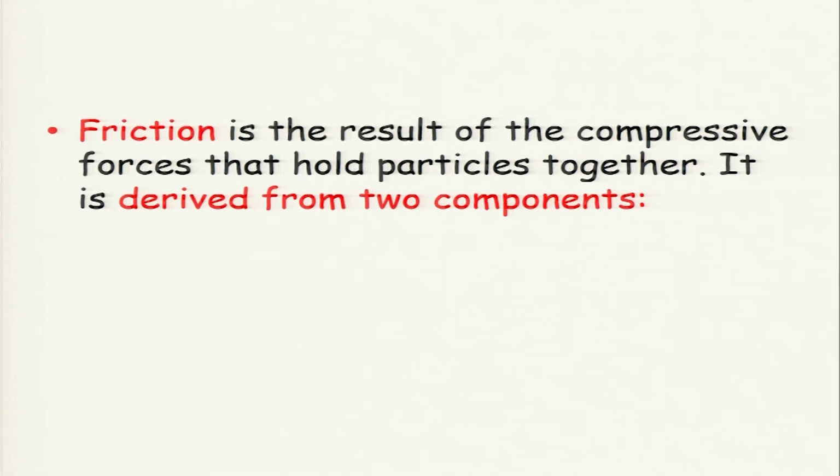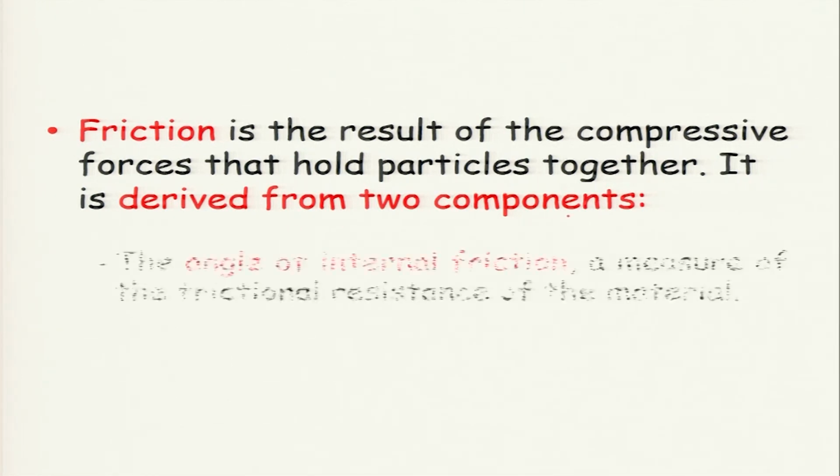Now another important component which we will discuss here is when you are having ground shaking. Friction, what we were also discussing in the previous slide, is the result of two of the compressive forces that hold the particles together. It is derived from two components.